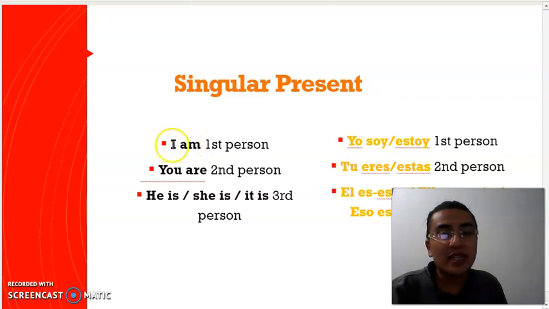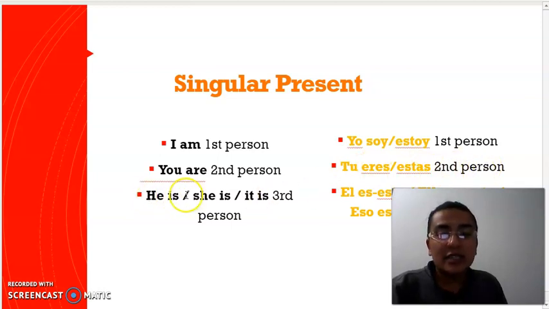In this case, I am, which actually translates in Spanish, yo soy or yo estoy, in the first person as well. Now, for the second person, we have you and the verb to be, which is are, and it translates to eres or tú estás in the second person in Spanish. Now, let's go with the third.